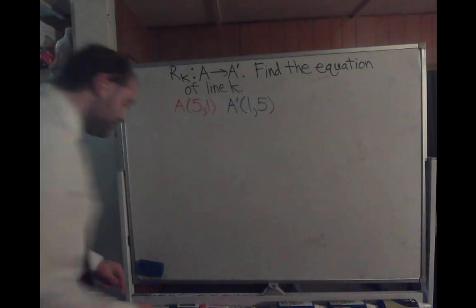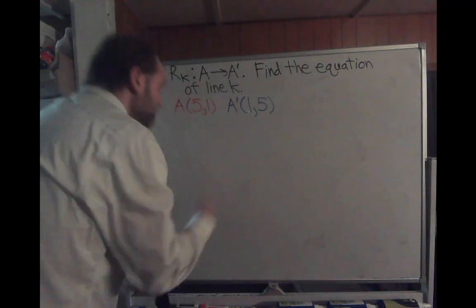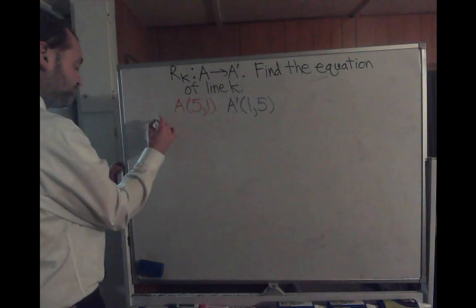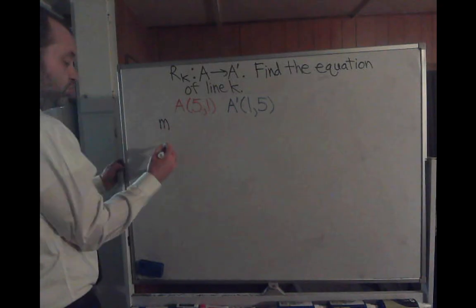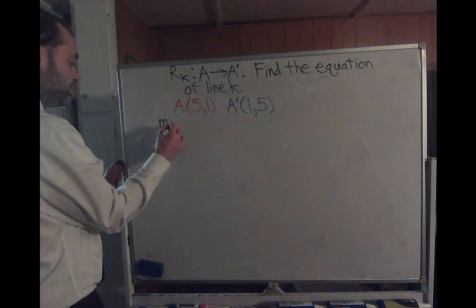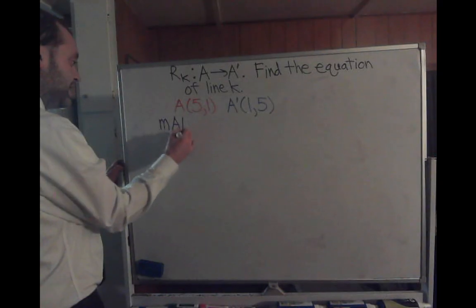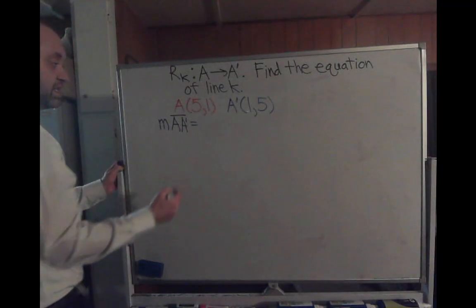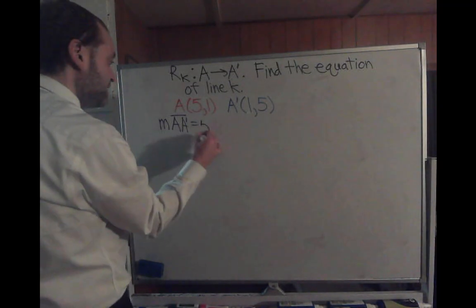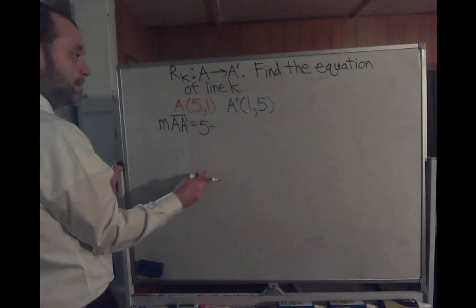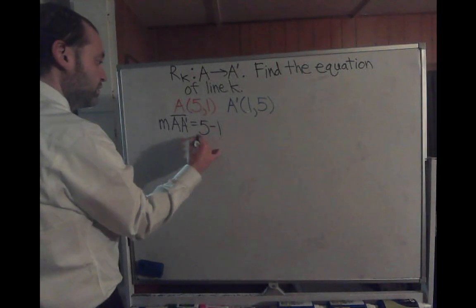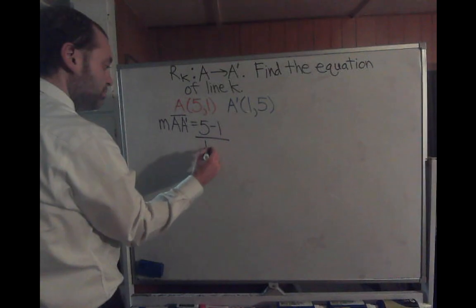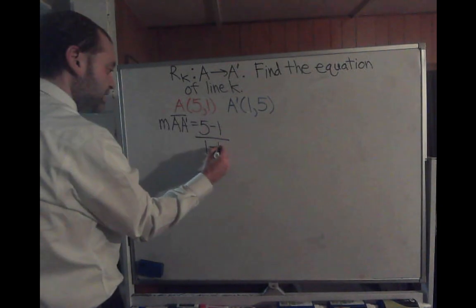Of course, find the slope of the line segment that joins those 2 points. That's going to give you y2 of 5 minus your y1 of 1 over your x2 of 1 minus your x1 of 5.